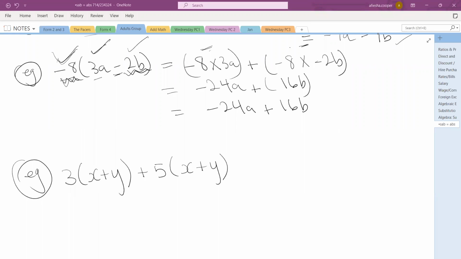So now we have an example that has 2 distributions. We follow the same method and distribute and then simplify.